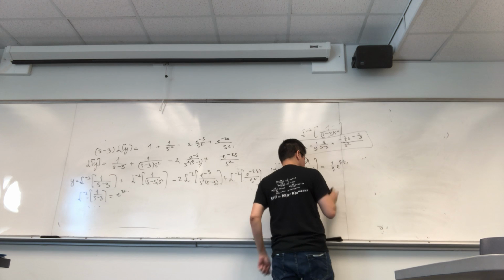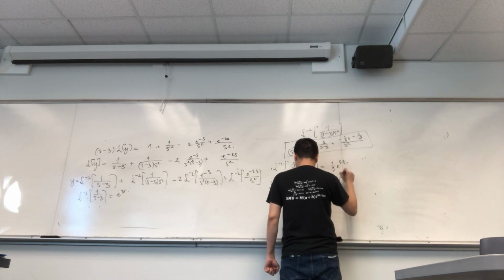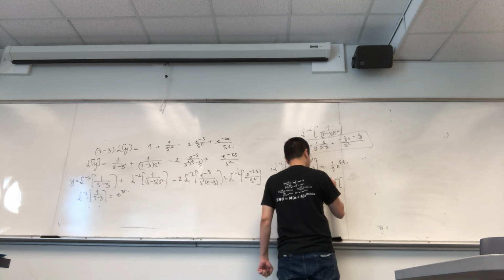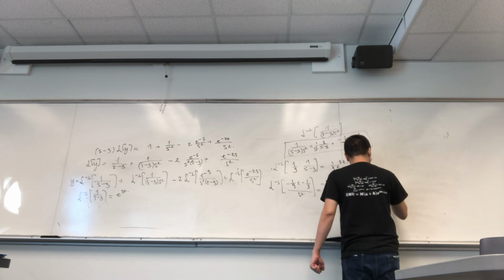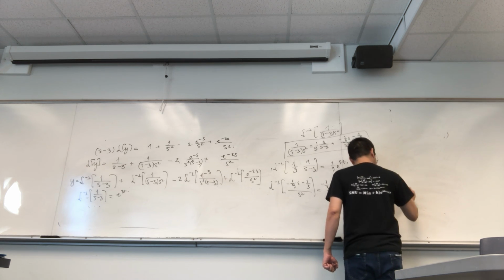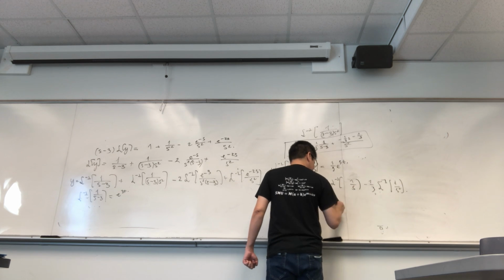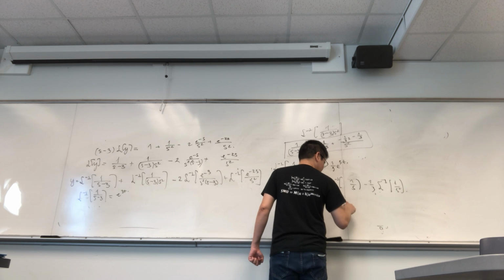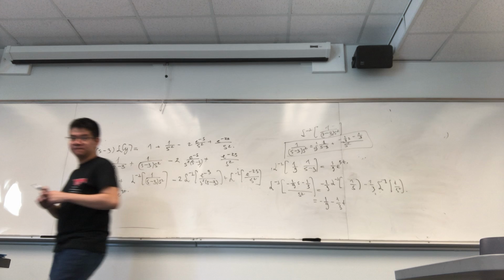Right, so the first term, I have the inverse Laplace transform of 1 over 9 times 1 over s minus 1 over 3 times the inverse Laplace transform of 1 over s squared. The first guy gives me 1 over 9, and the second gives me 1 over 3 t.